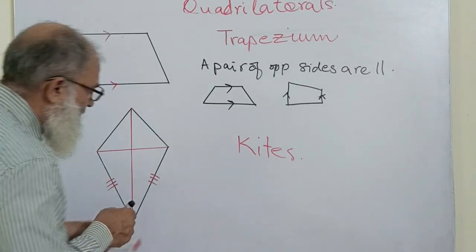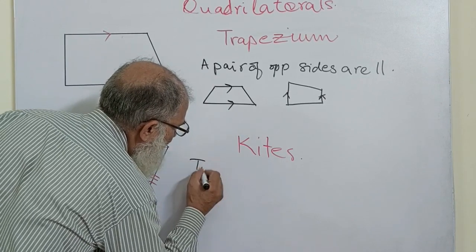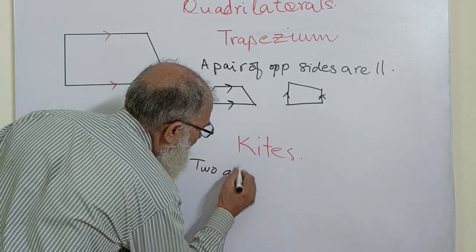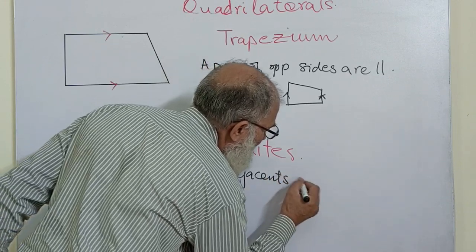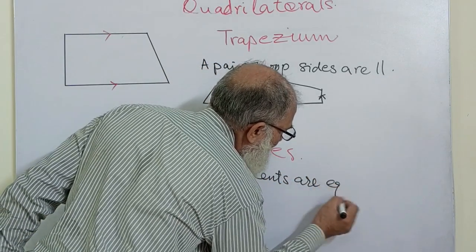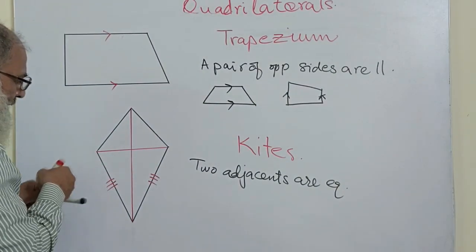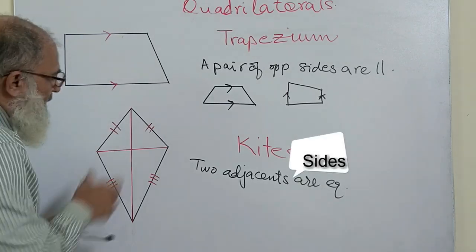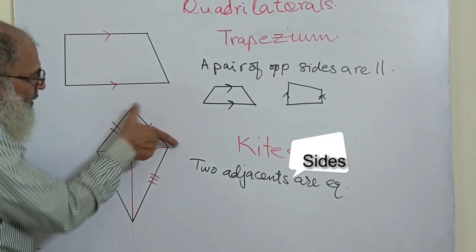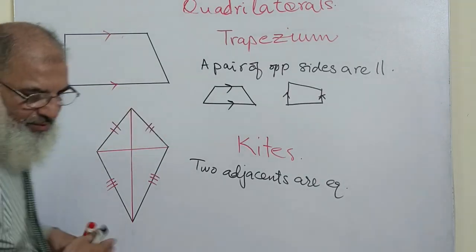Number one property of kite, two adjacent sides are equal. And similarly here, now this is equal to this. These are the two adjacent sides, and similarly these are the two adjacent sides.